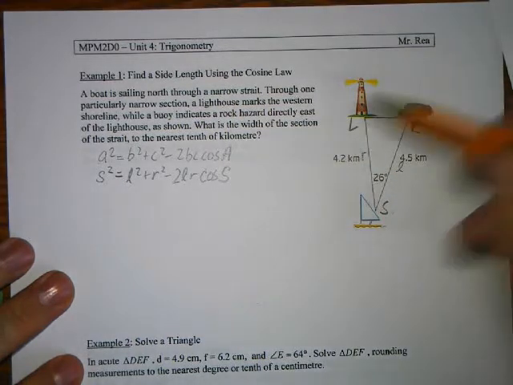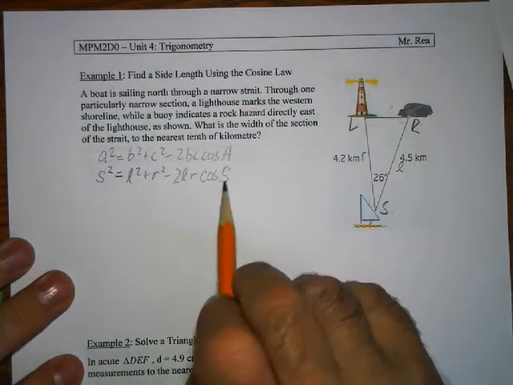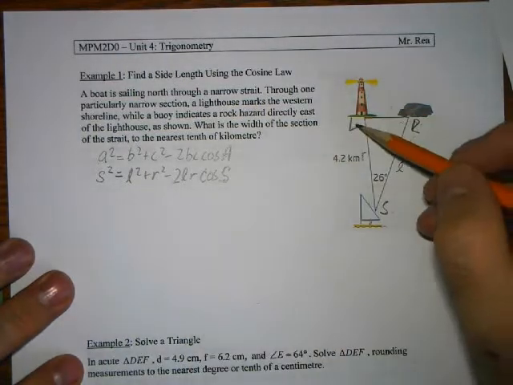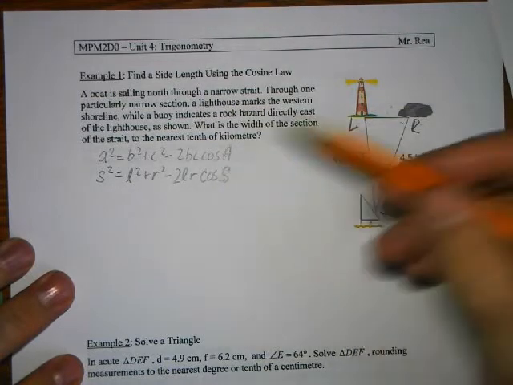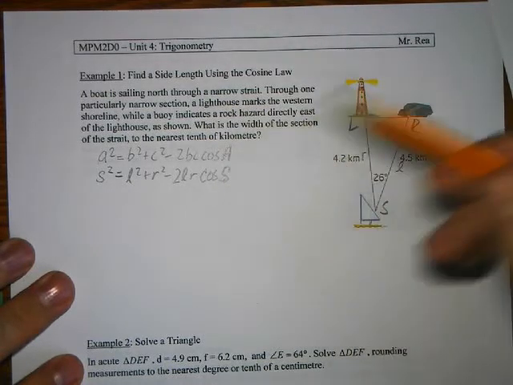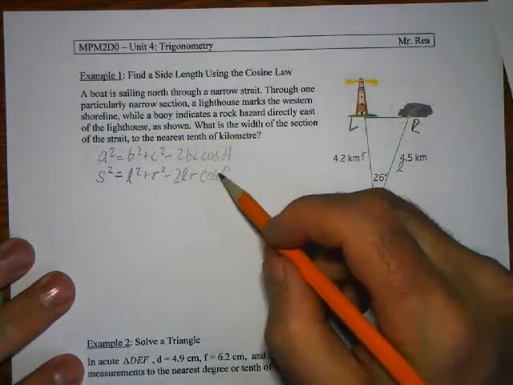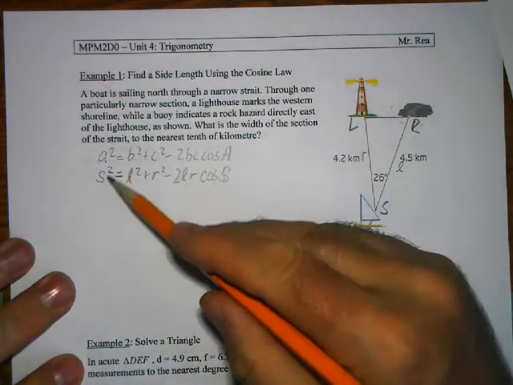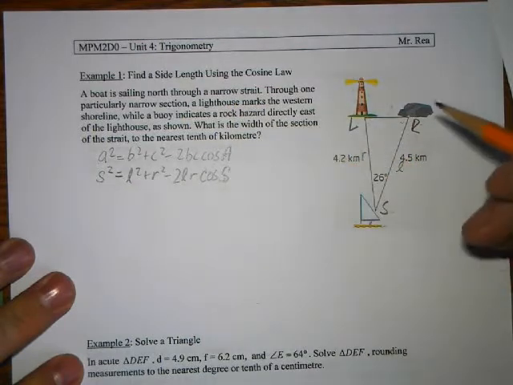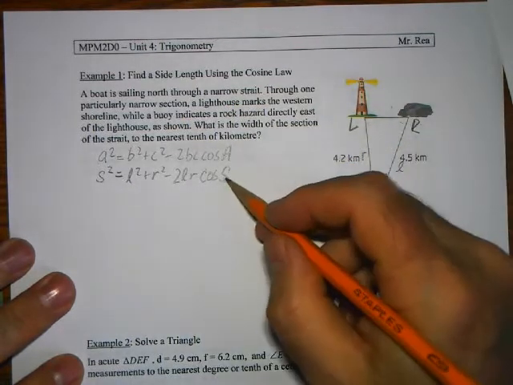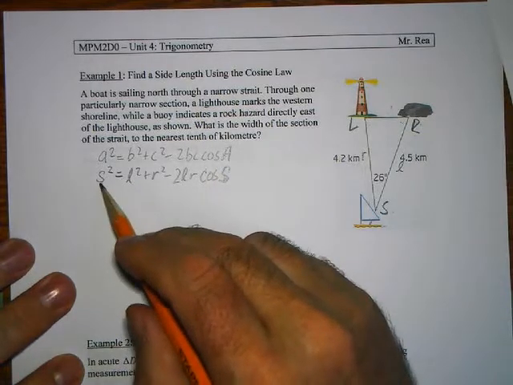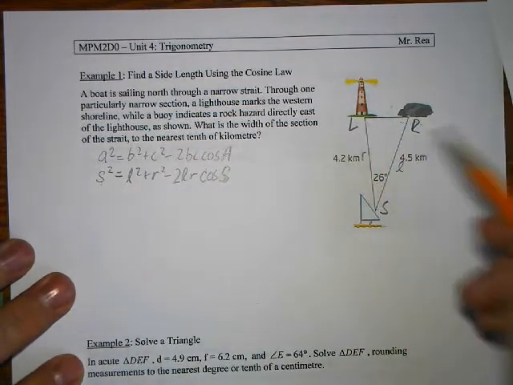Okay, I want to make sure everyone understands I can't make this equation with angle L or angle R, because I'm not going to be able to do anything with it, since I have to know at least three of these four things. Since I know the angle S is 26 degrees, I'm going to use S here, which means I use s here. So now I can start putting things in.